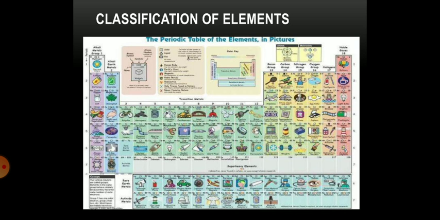Now students, we are already familiar with different elements, but in our day to day life we use these elements in the form of metals, non-metals, and some of them are metalloids. This slide shows, in a pictorial diagram, where we use these elements in our day to day life.